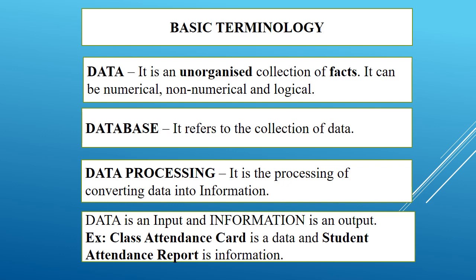For example, the class attendance card is data, and the student attendance report is information. Here report means output. So that is information that we gain from the data. Data is input and information is output.